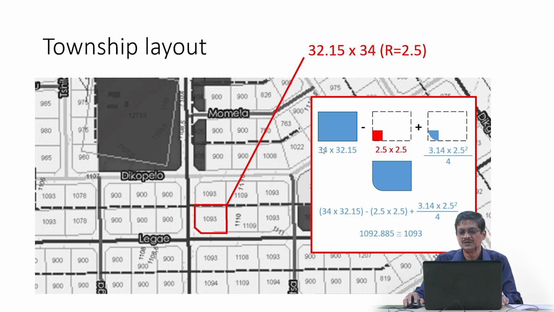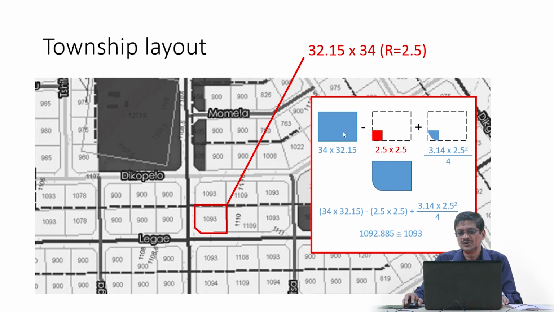So I am assuming that the larger distance is 34, the smaller distance is 32.15, and the radius of curvature at the corner is, say, 2.5 feet.